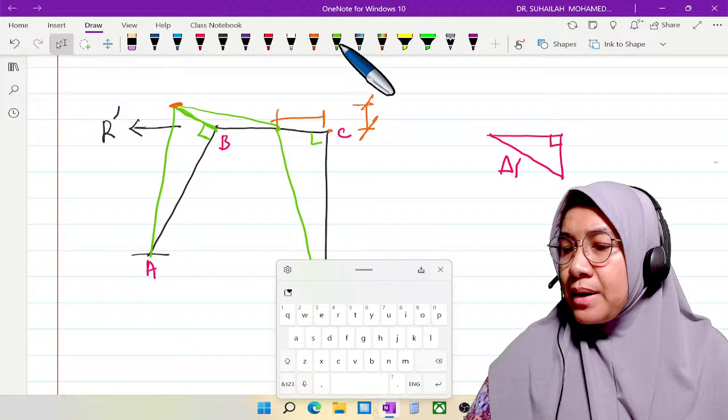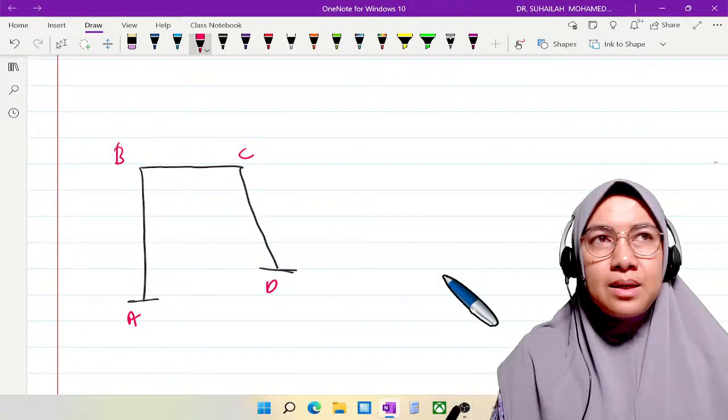So if we have, for example, AB as a straight column, then BC and CD, fixed, with A, B, C, and D. Again, we have to identify where the triangle is.